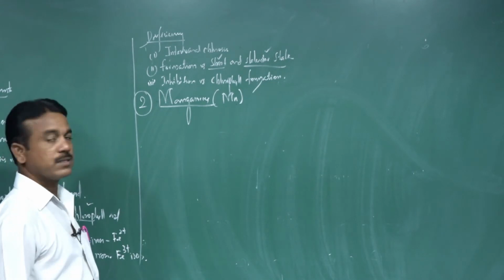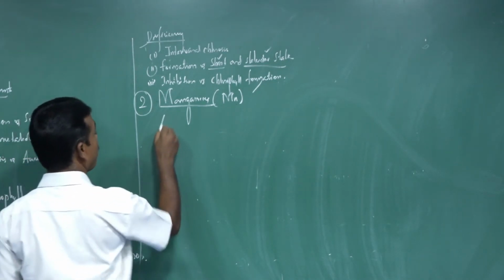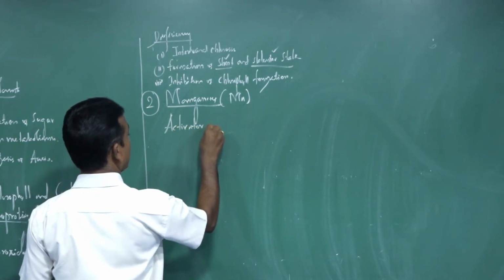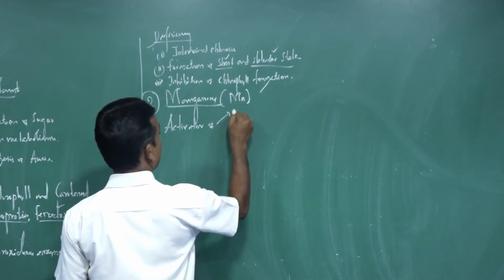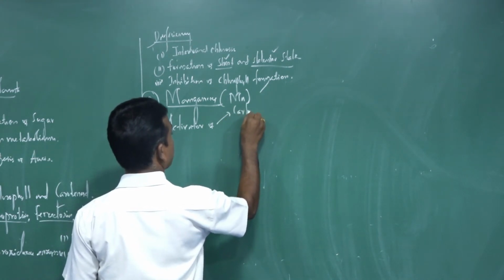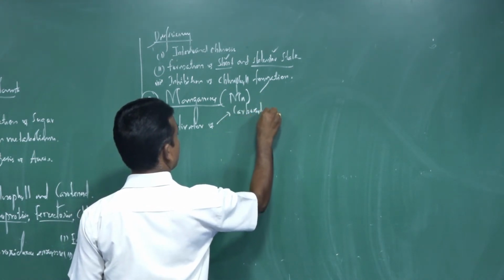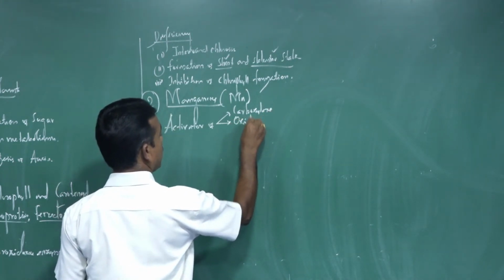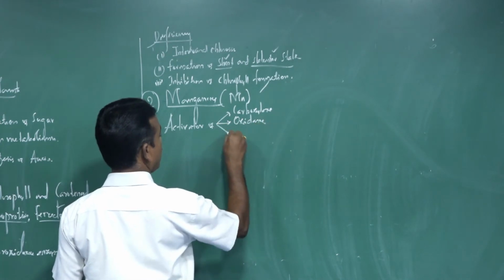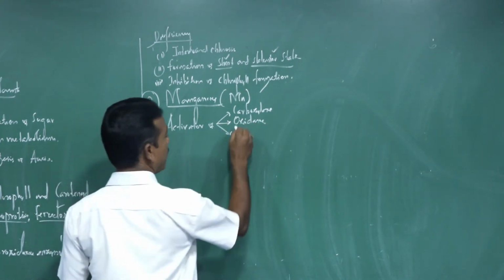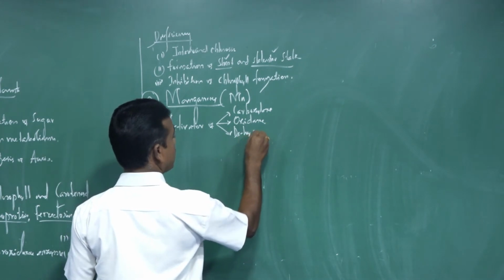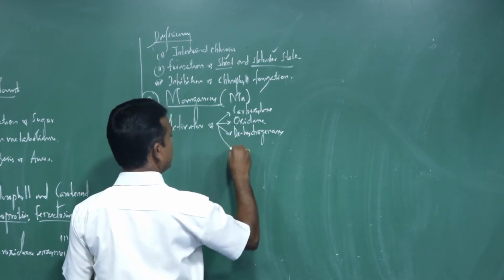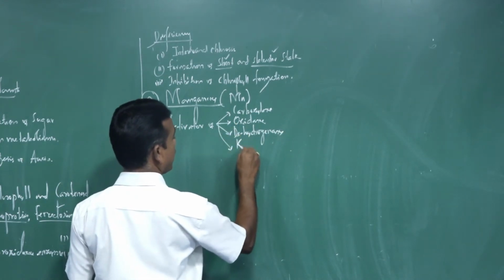So manganese is the activator of carboxylase, oxidase, dehydrogenase, and kinases.